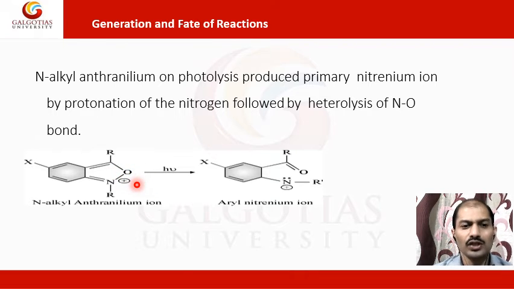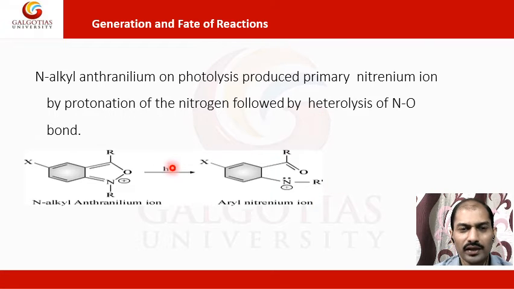And if the sharing electrons are distributed equally to each of the atoms, then they will produce radicals. So here it is very important to see what kind of fission is there. In the case of an aryl azide, it is making aryl nitrenium ions.